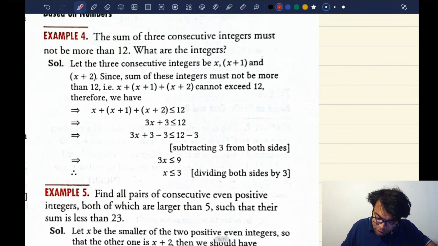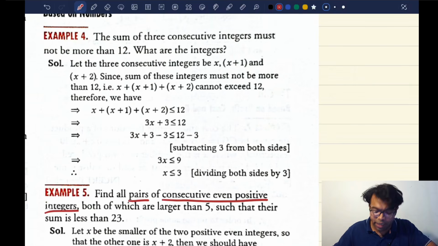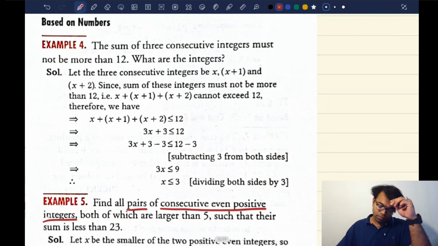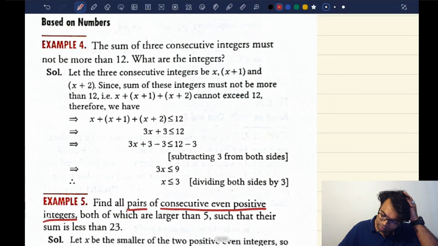Pair of, that means we are looking for two consecutive even positive integers. So how will you write consecutive even positive integers, Drupat? No, no, like in algebraic form. Both of them should be greater than 5.